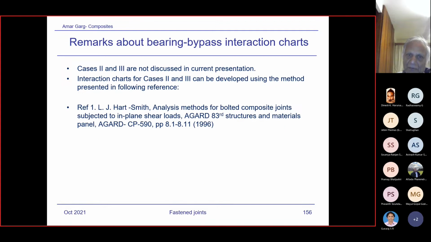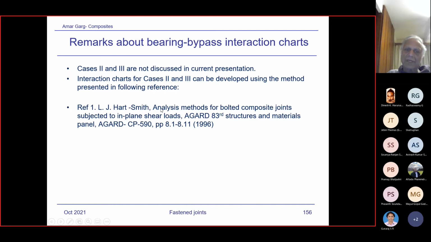But I provided a reference by John Hart-Smith, and this you can download from Google. This is available free, and you can read. I think I might have sent this publication, but however, if you don't have it, you can download it, this AGARD CP.